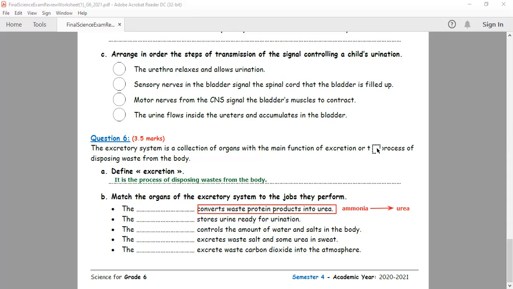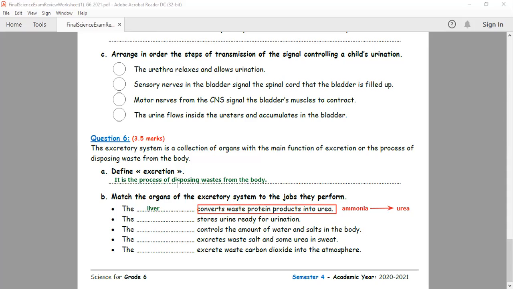Which organ takes the ammonia from the blood and turns it into urea? The liver, perfect. Bravo Samia. The liver's job is to filter the ammonia from the blood. It takes the ammonia from the blood and changes it into urea.